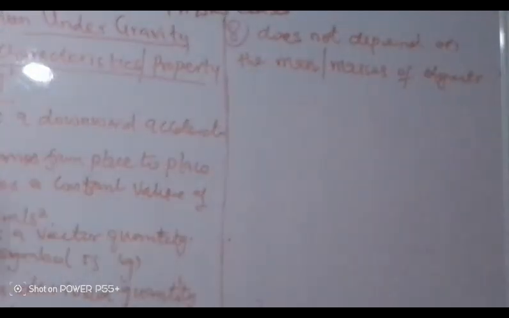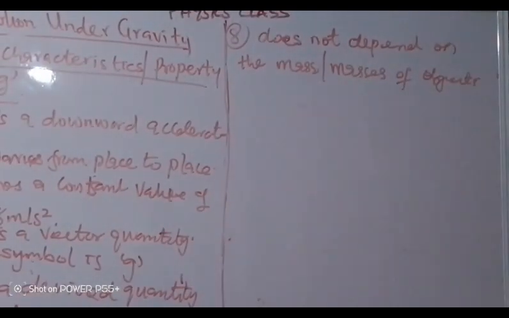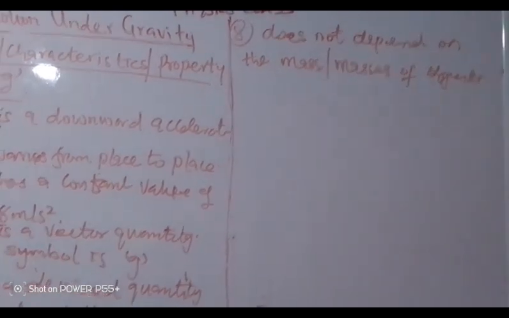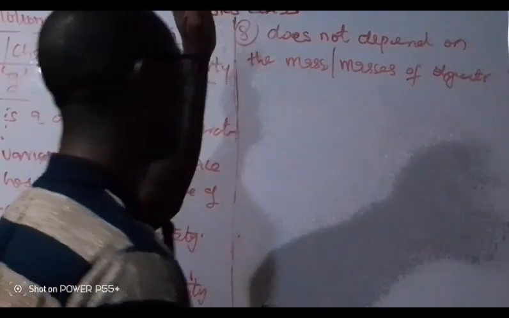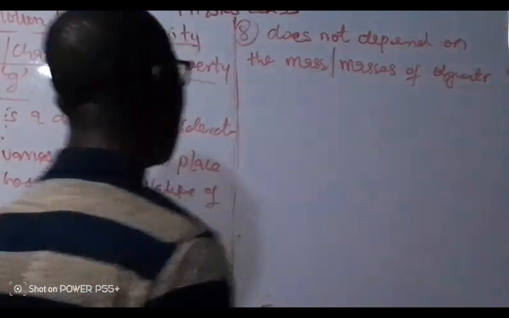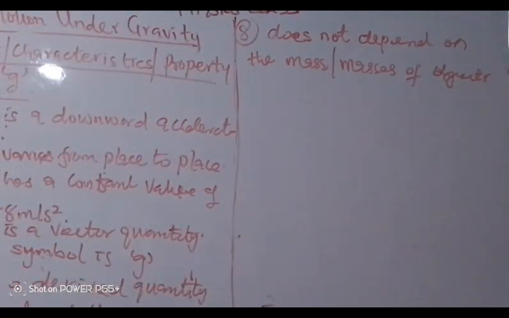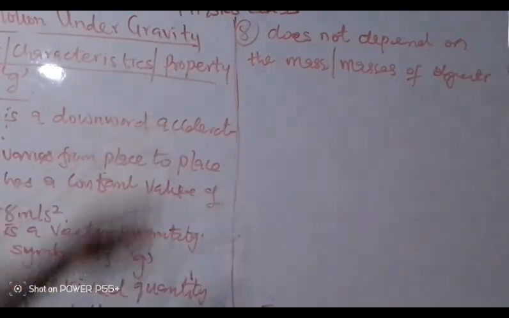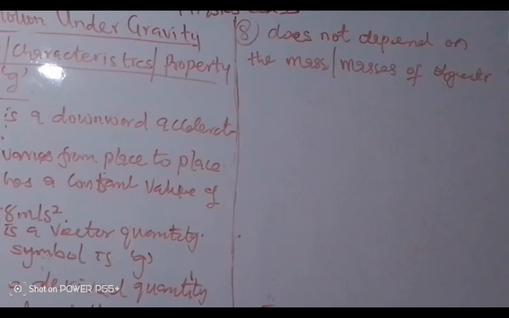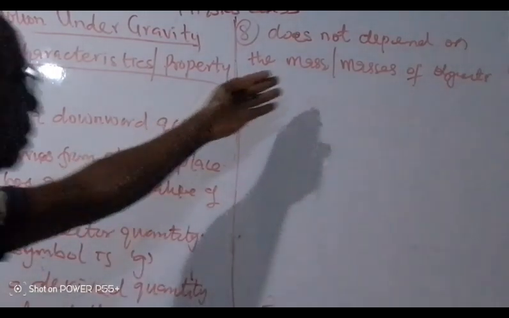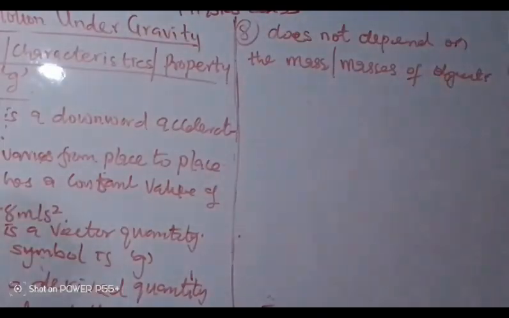As I said under number 7, all objects falling under the influence of acceleration due to gravity fall with the same speed. So the mass of such an object does not affect the value of acceleration due to gravity. Once they fall with the same speed, then no matter the size or the magnitude of that object, it does not affect the acceleration due to gravity.